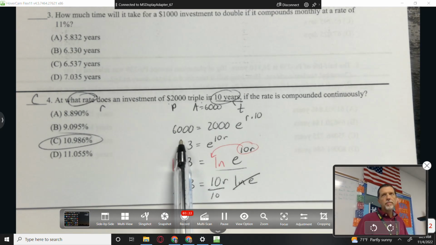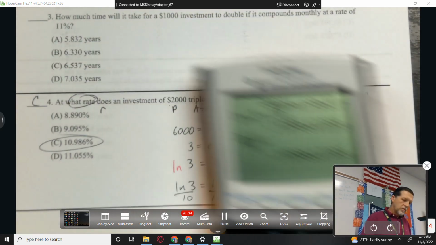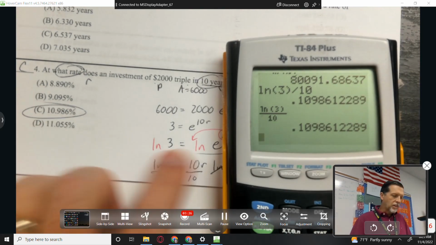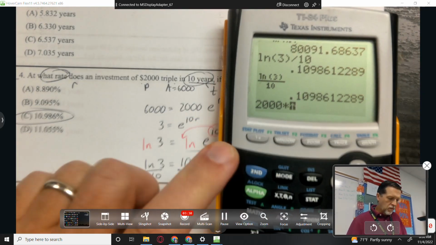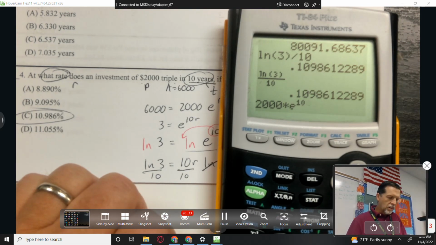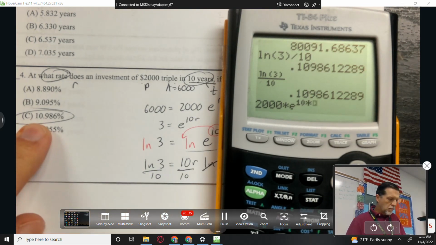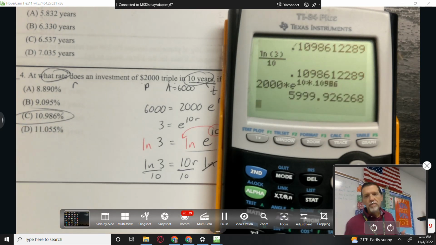Now, you'd have to get to the third one, but 2,000 times e to the 10 times 0.10986 is 6,000. So you wouldn't have to solve it.